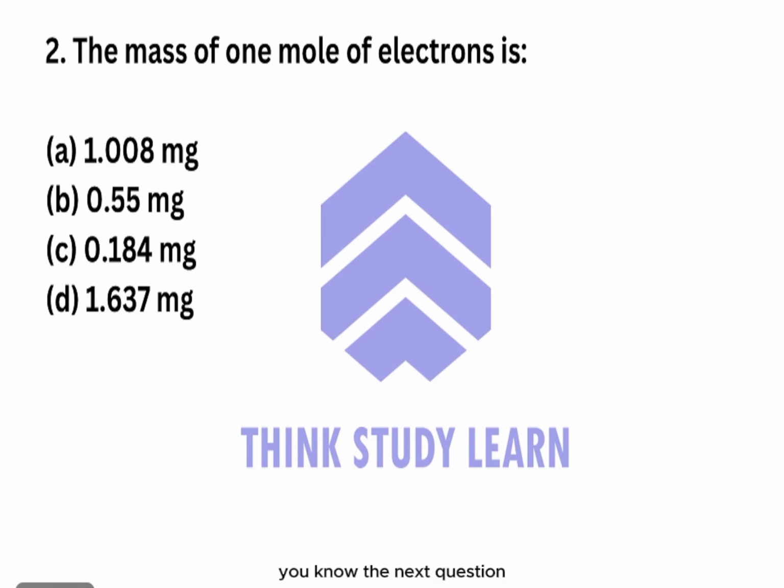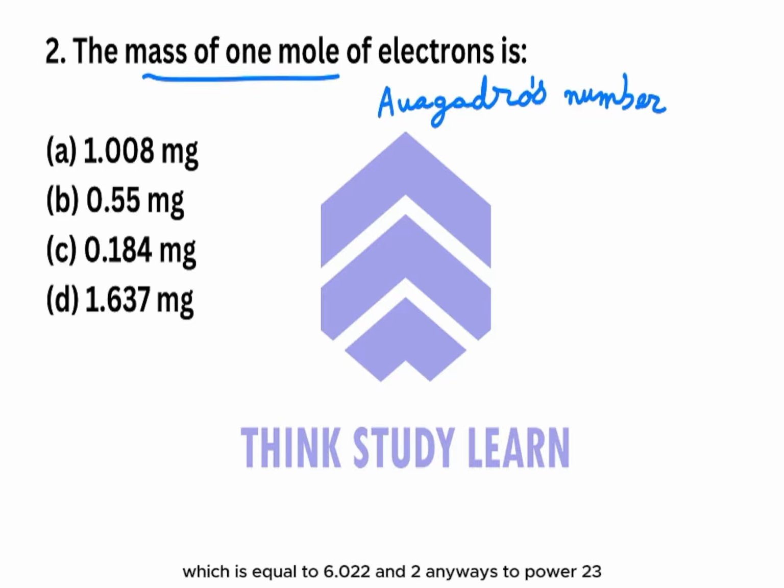In our next question, we are given that the mass of 1 mole of electrons is equal to what? The mass of 1 mole of electrons can be calculated using Avogadro's number, which is equal to 6.022 into 10 raised to power 23.